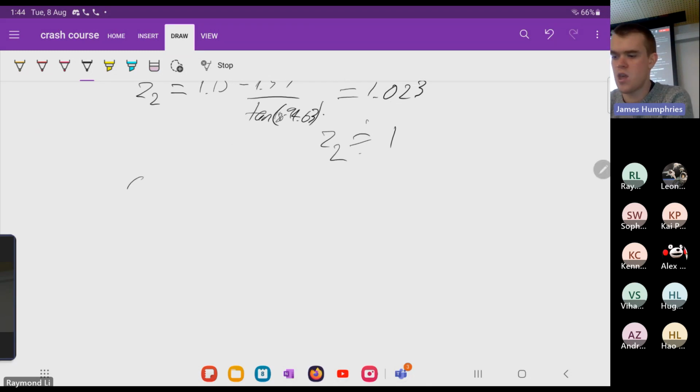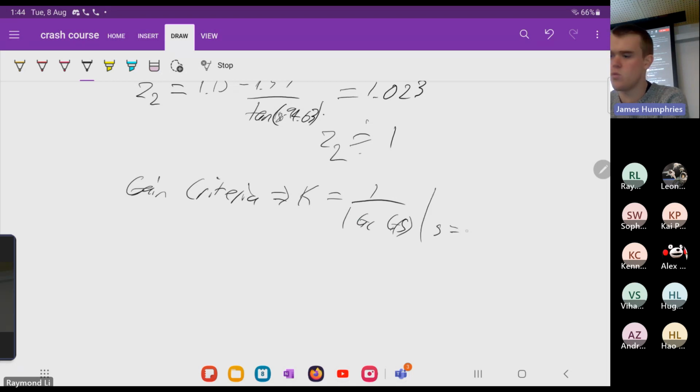And then we have the gain criteria, which is going to be K is equal to 1 on the absolute value of GC G of S at the point where S is equal to minus 1.15 plus j of 1.57.